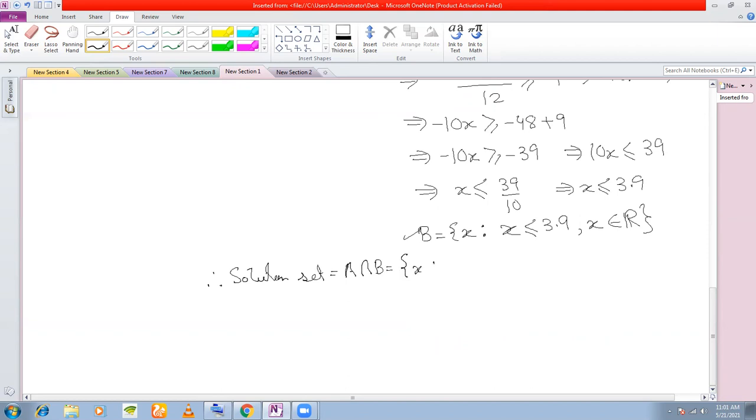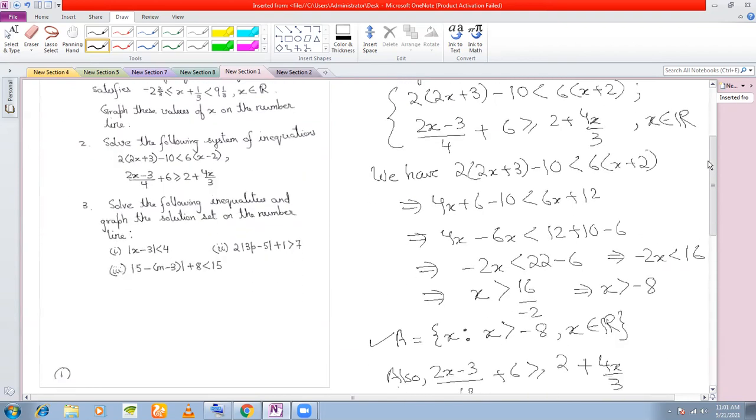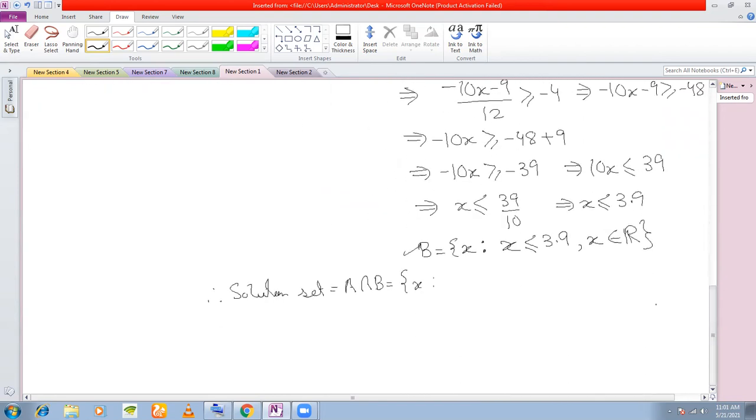The first set is x such that x is greater than minus 8, x belongs to R, intersection x such that x less than or equal to 3.9, x belongs to R.